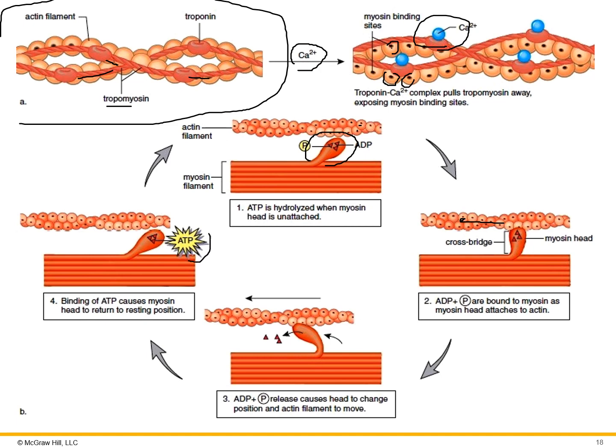Again, ATP gets added, and then the myosin is released from that binding site. Then the tropomyosin comes back and attaches, and the whole thing can start over again. But we need that calcium to release the tropomyosin to allow the myosin to bind to the actin. All right, and that wraps up our muscle contraction.